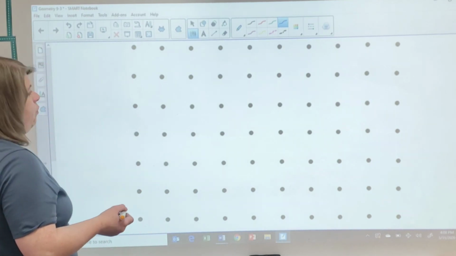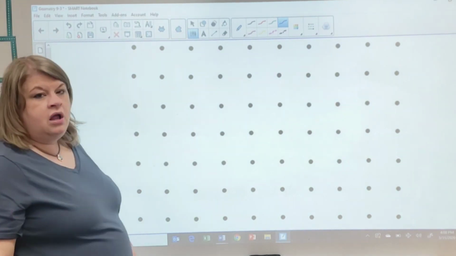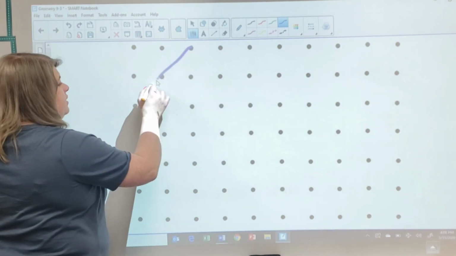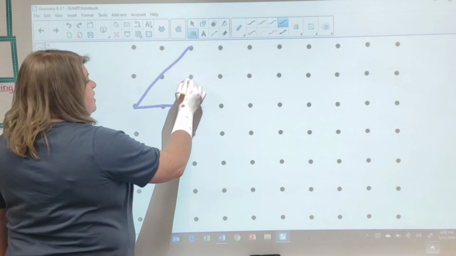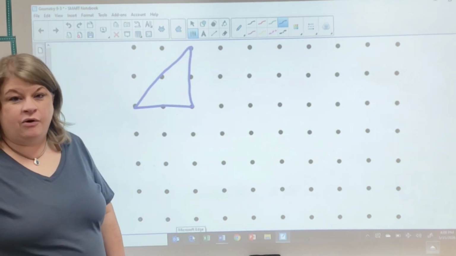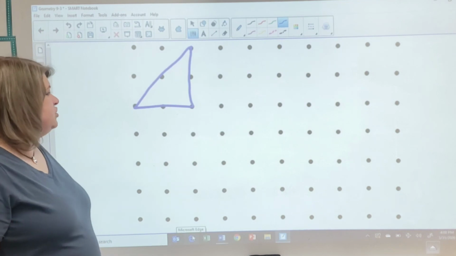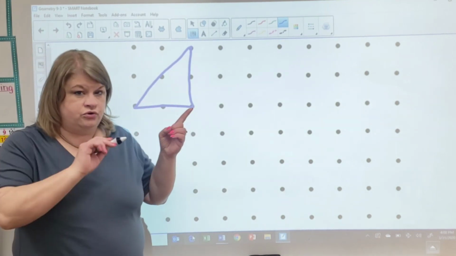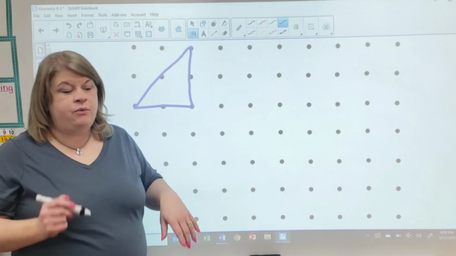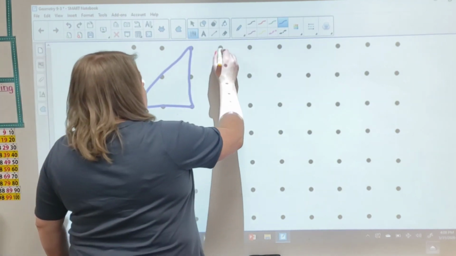All right, so first of all, I want us to draw a triangle. Use your dots as endpoints. I am going to choose to make my triangle like that. You could, of course, make whatever kind of triangle you want. Straight sides. Now, I know it's hard when you're drawing to make perfectly straight lines. I get that. Next, I want you to draw a square.